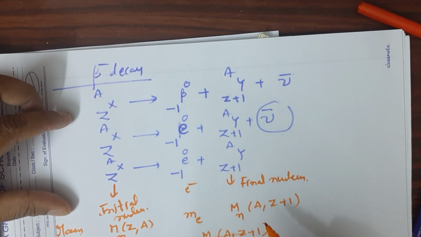So mass defect is forming, hence energy is liberating. Delta M equals Mn of ZA minus Mn of A Z plus 1 minus Me.